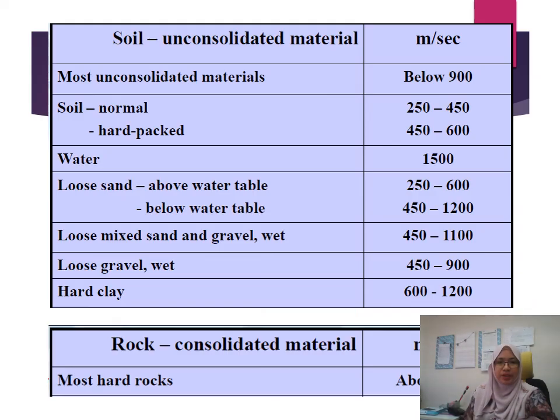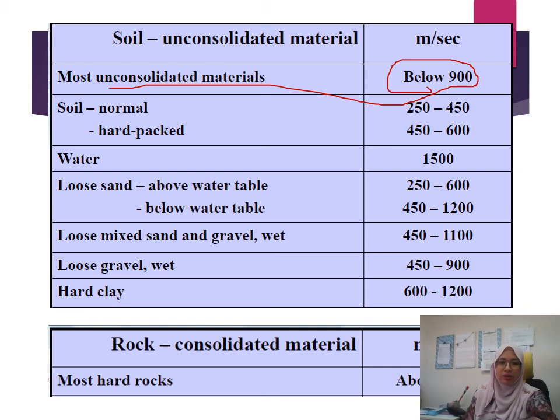This is the correlation between the velocity and the type of soil and rock. As you can see here, for unconsolidated material the velocity should be between 90 and 900 meters per second.